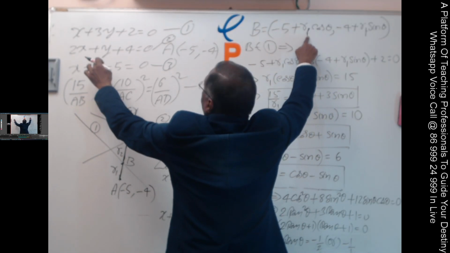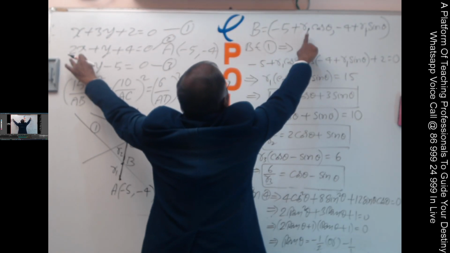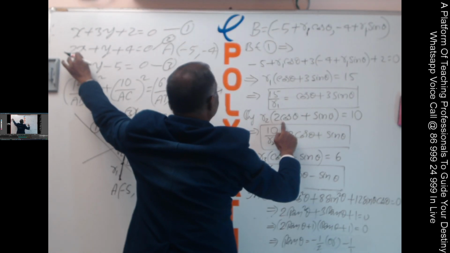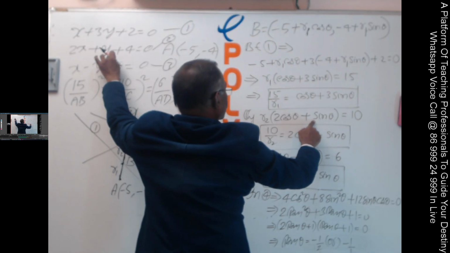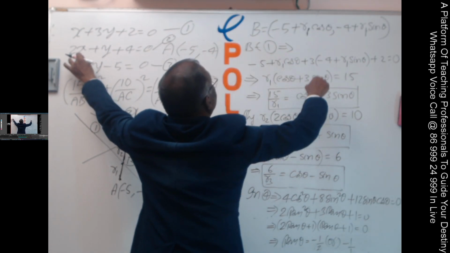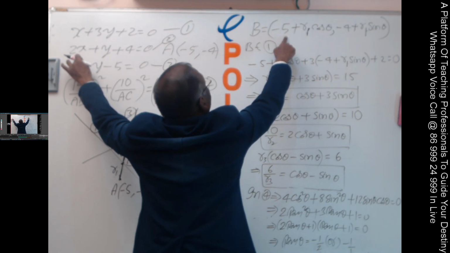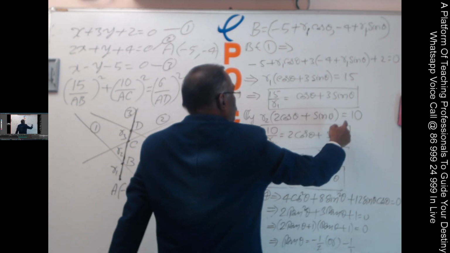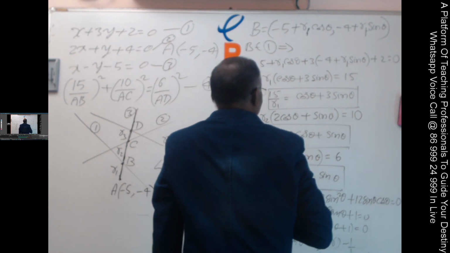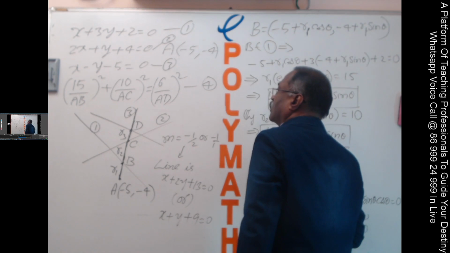Now coming to the second one. In this place you will get r2, 2 cos theta. That's correct. This is plus sin theta. That's also correct. Now this is 2 into minus 5, minus 10, minus 4, minus 14 plus 4 is equal to minus 10. So 10 by r2 is equal to 2 cos theta plus sin theta. That's also right.